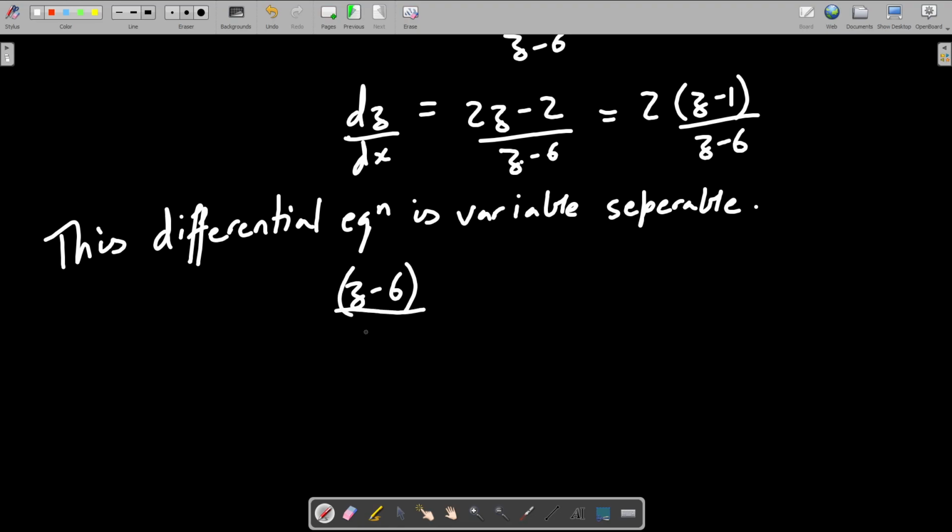Okay, so this will become z minus 1, I'll write it like this. I'll keep that 2 on top.